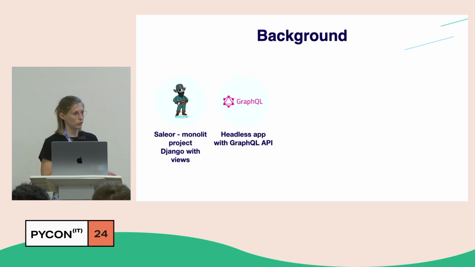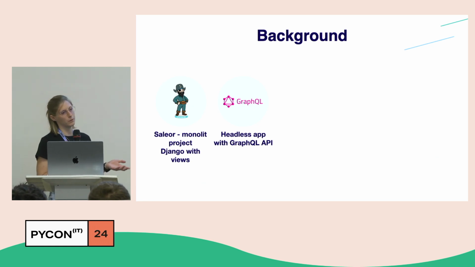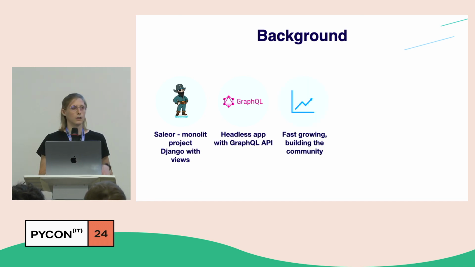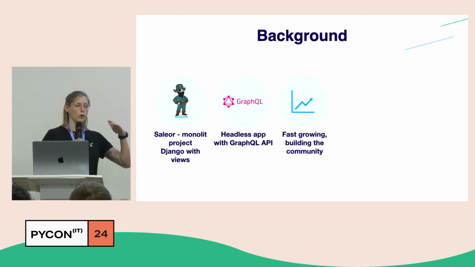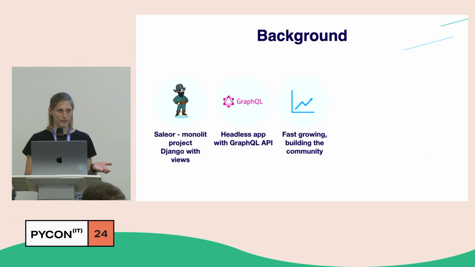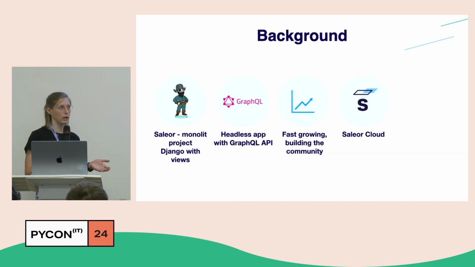A year later, Django views were totally removed, making Saleor a headless app, which basically means that we started to offer just an API without the front-end side. Over time, Saleor grew up, we gained a community around it, and the idea to build a product around Saleor came up. This led us to the creation of the full cloud platform that offers Saleor as a SaaS product.